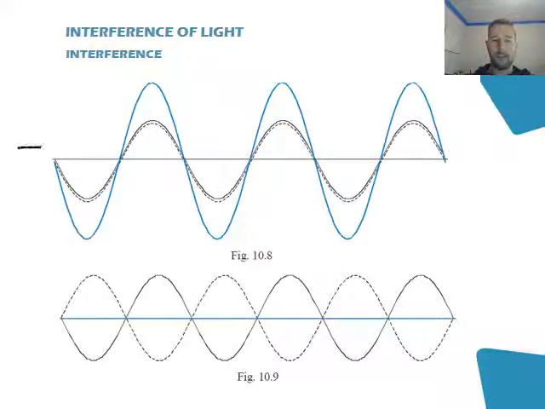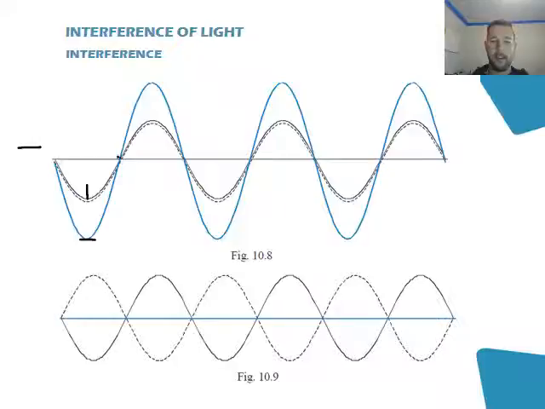So with our top example, we've got a solid black wave and a dashed black wave. Now with the two being vectors in the same region of space, they superimpose and we can add them up and find the result. So we can see in this place where we've got a negative value for the solid line, a negative value for the dashed line, add them together and we get our resultant, which is here.